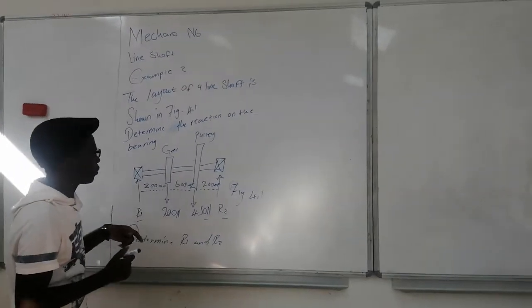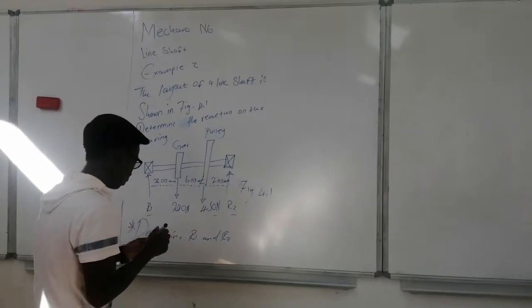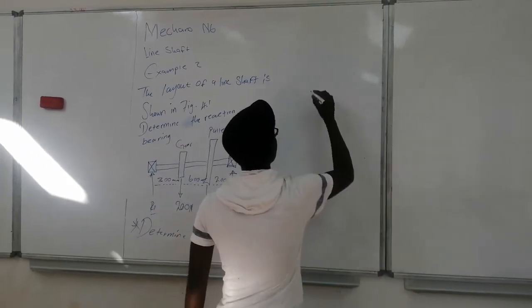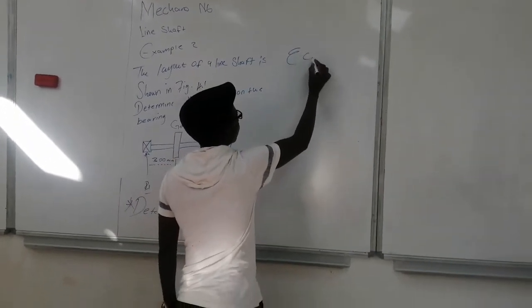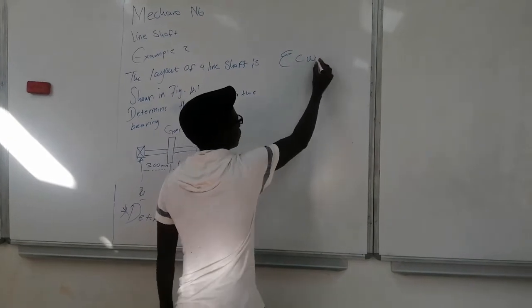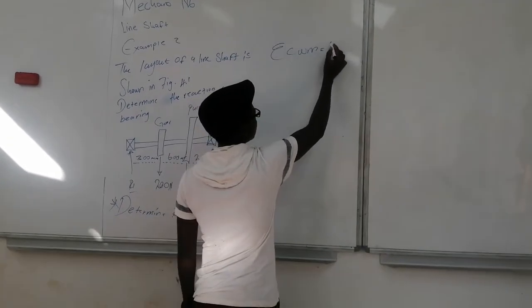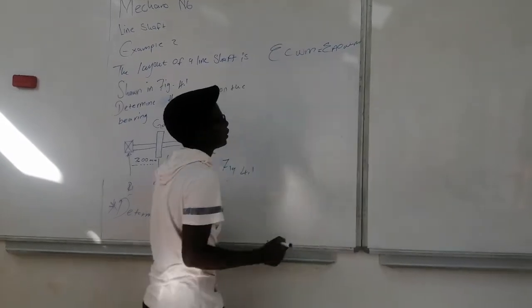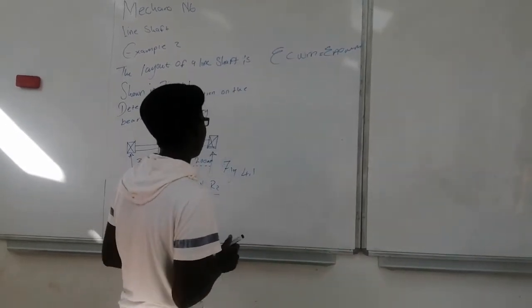When we are dealing with this one, it means we are going to use the formula that says sum of clockwise moments equals sum of anti-clockwise moments. The law of moments.